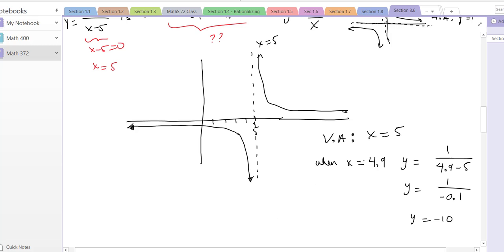What about to the right of 5? What about over here when x is, say, 5.01? What is the y value? Y is going to be 1 over 5.01 minus 5, right? My function is 1 over x minus 5.